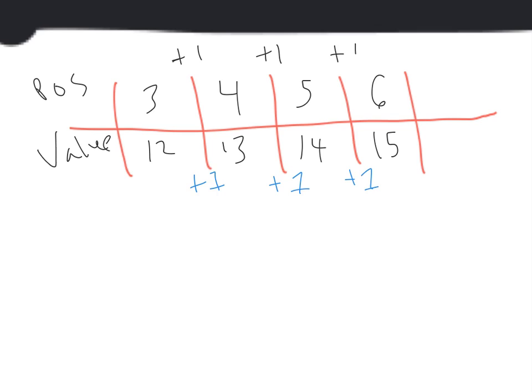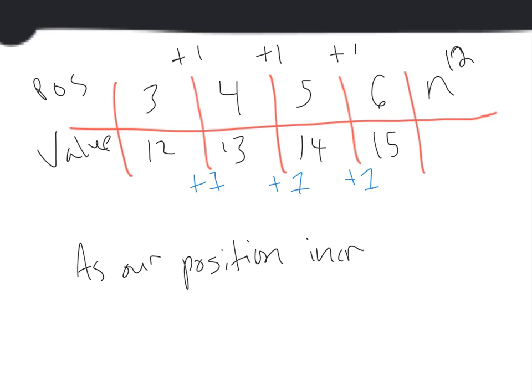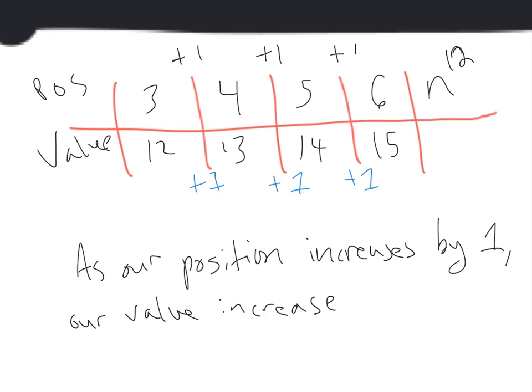And then n, this is going to be the 12th. What's going to happen on turn 12? So in order to write this in words, as our position increases by 1, our value increases by 1.